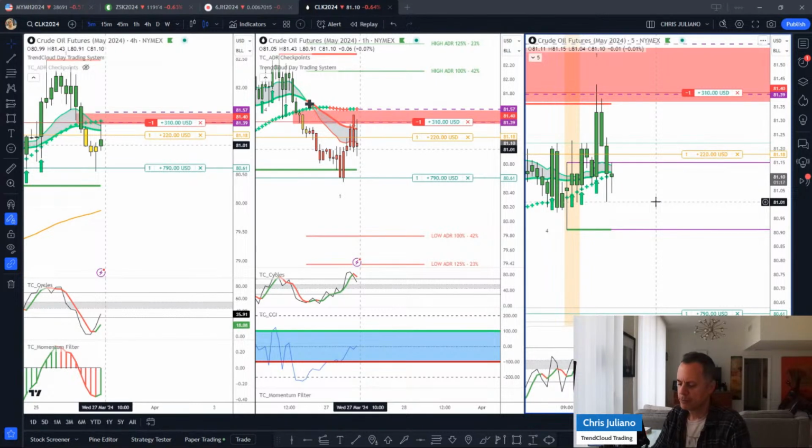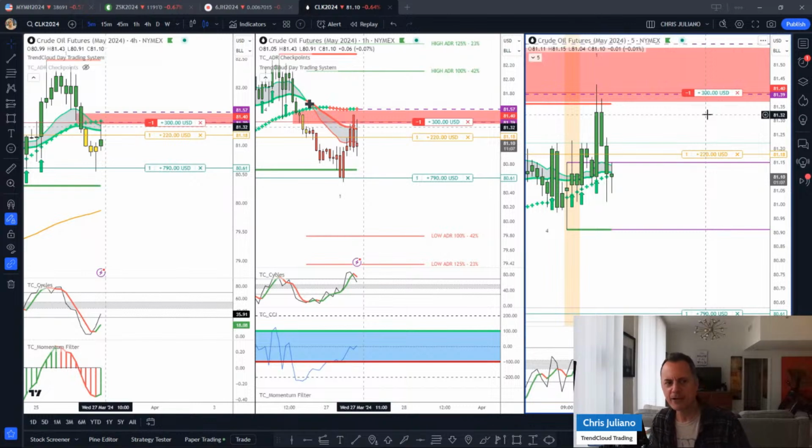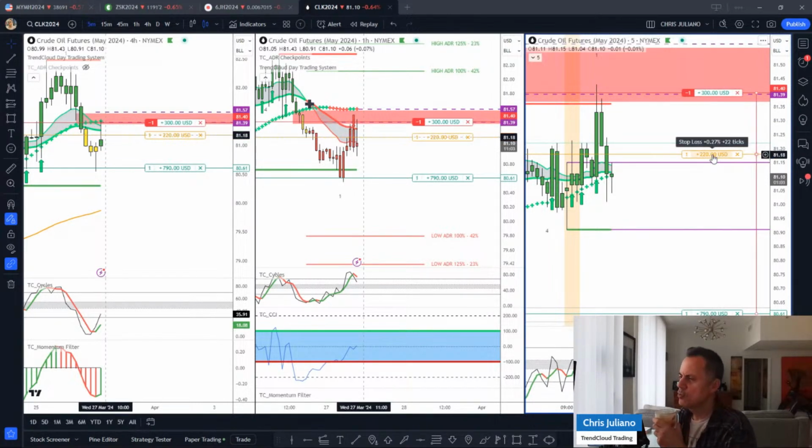So that's what we're doing. We're searching for those base hits, and we're taking base hits. Up over $300. We locked in 220 smackers. Can we lock in some more?